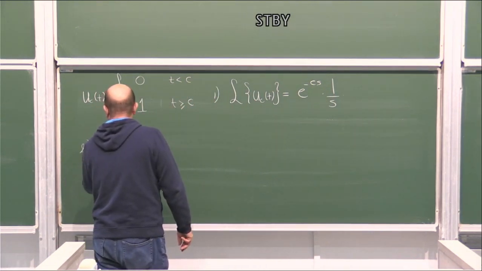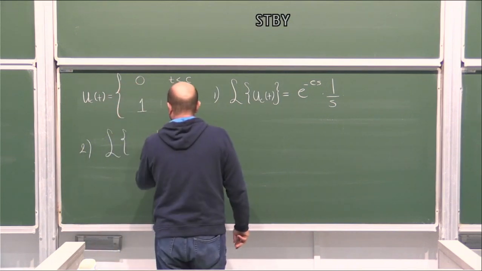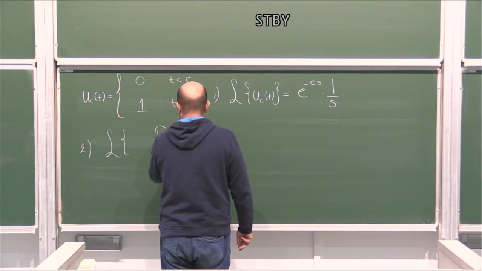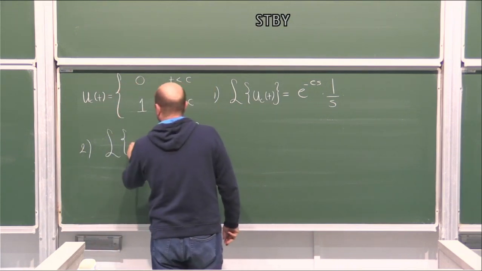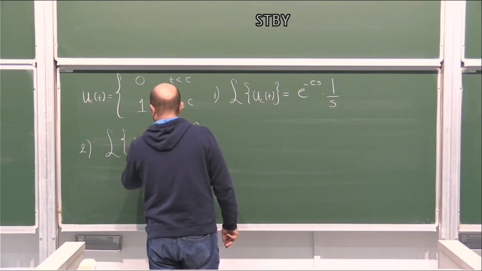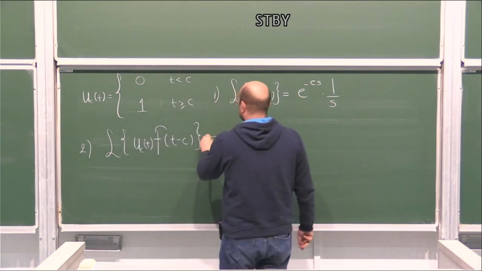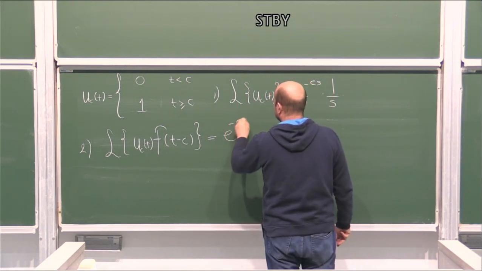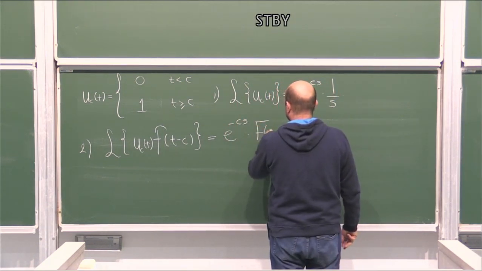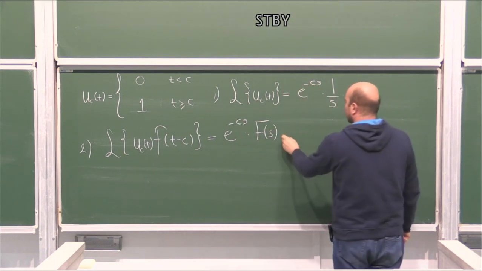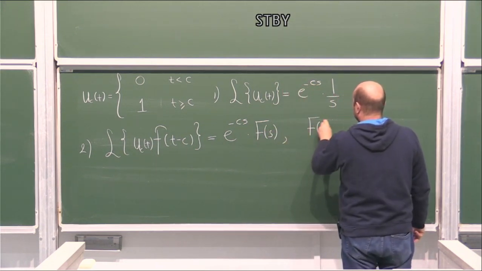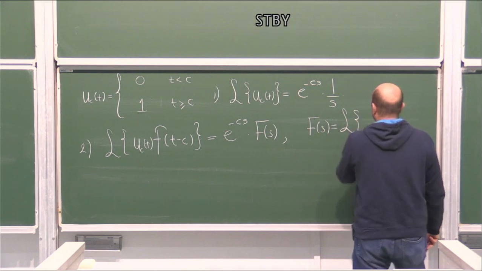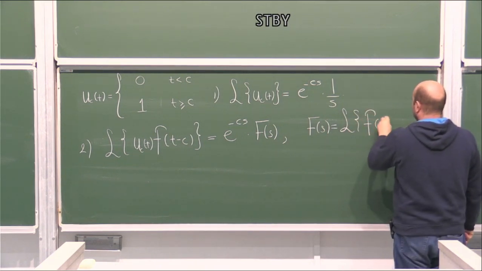Second thing now, when you take f of t minus c and multiply it with u_c(t), then this was equal to e to the minus cs times F(s), where F(s) is equal to the Laplace transform of f(t).